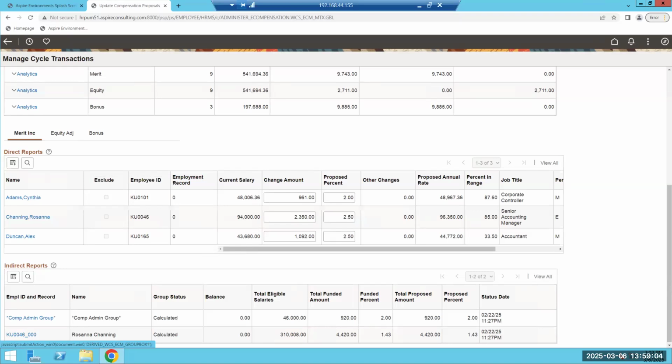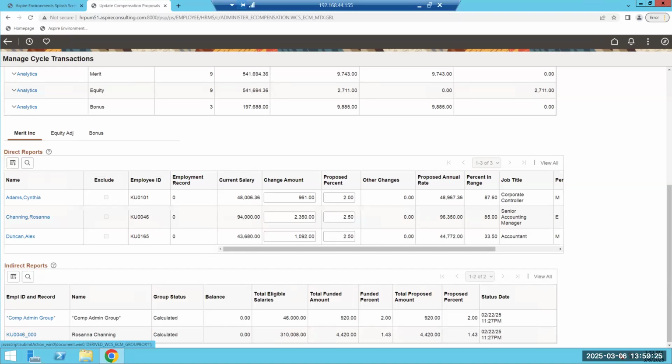One of the things that I forgot to mention is, what are some of the common customizations that we see? So first and foremost is, we were looking here at the planning, the merit planning, and the bonus in that.